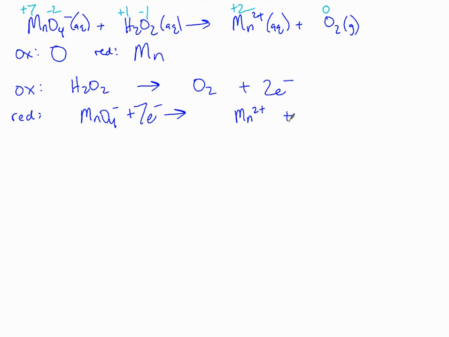So what we do for this is we add 4 waters. Just for the 4 oxygens. And keep in mind, this says it's an aqueous reaction. This is happening in a container that's full of water. So there's so much water around it, and so we're just grabbing a few of them to make this work.